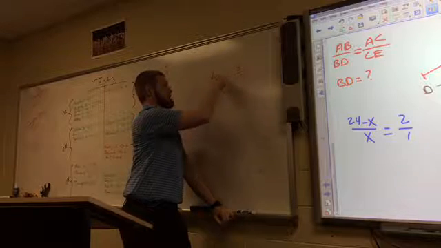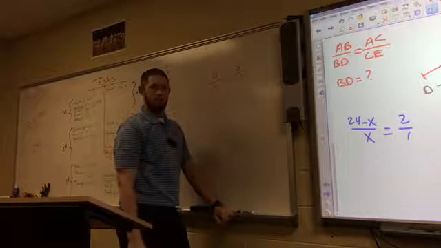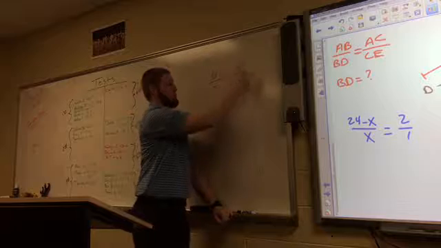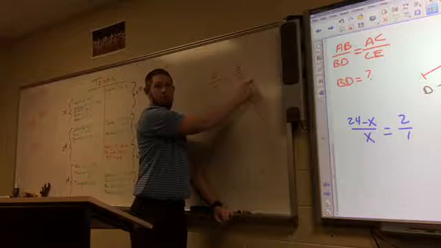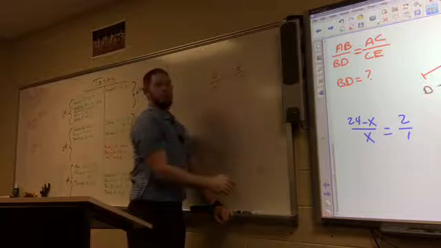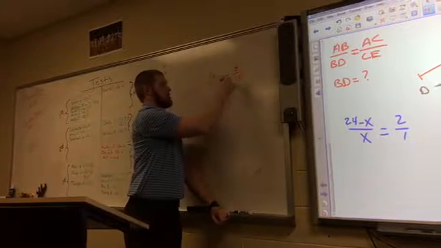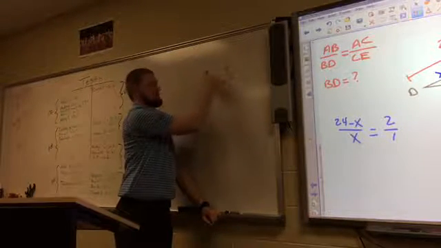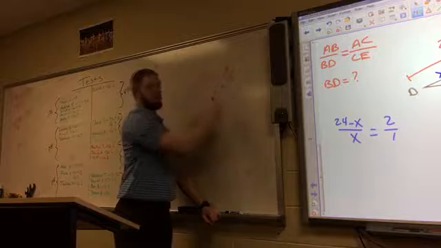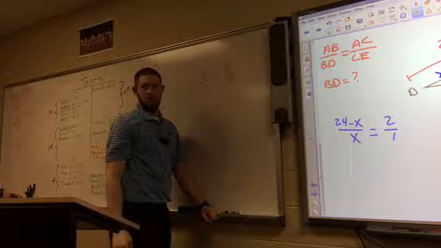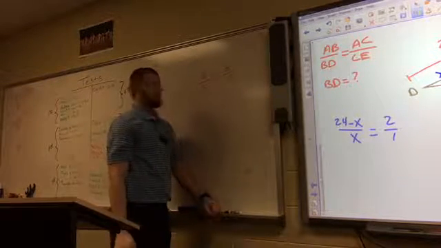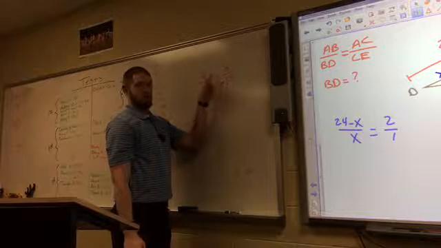You cannot cross-reduce a proportion. Okay? You can reduce vertically if possible, but you cannot cross-reduce. Because here I'm multiplying these two, aren't I, when I solve? 15 times 6. If I reduce that, would I get the same answer? No, and you have to. Okay? You cannot cross-reduce this.